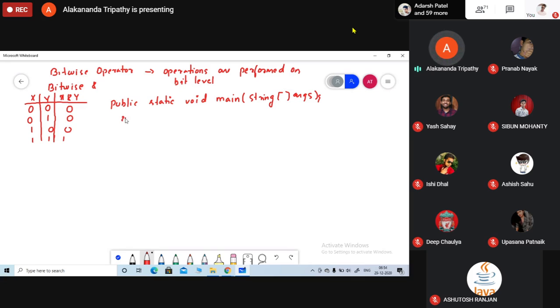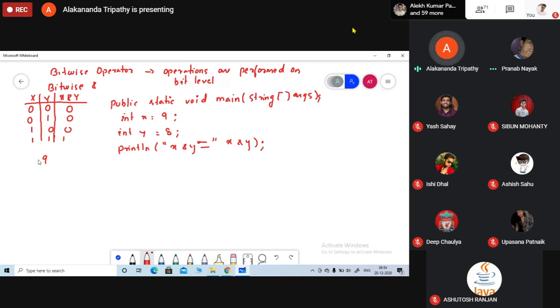I am writing int x equals 9, int y equals 8. Then instead of System.out.println, I am writing simply println of x and y equals x AND y operation.